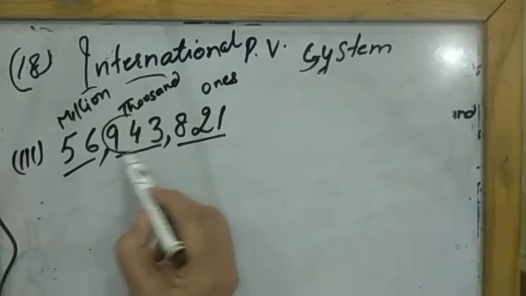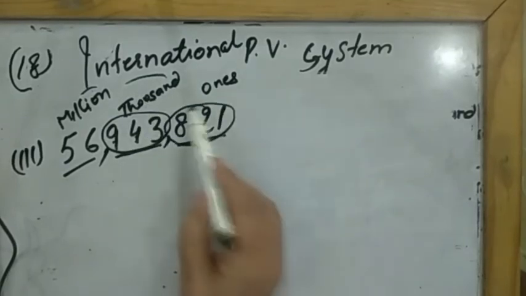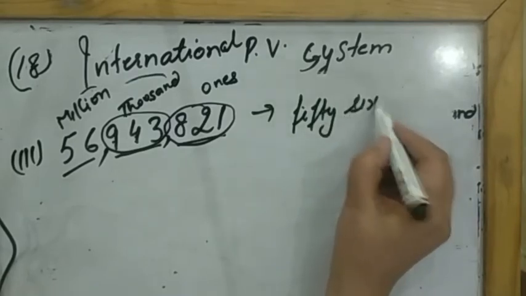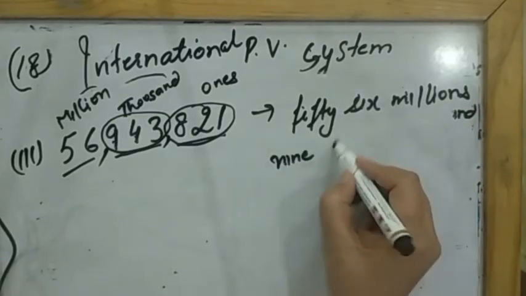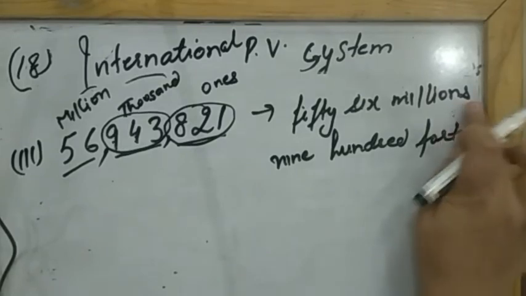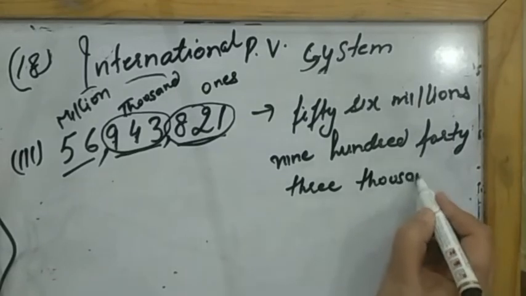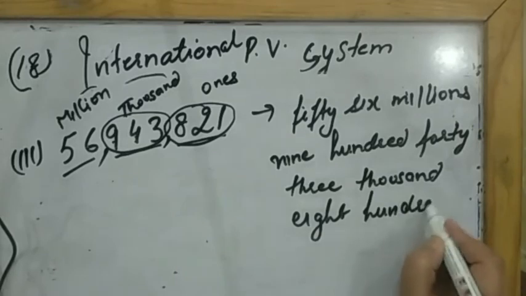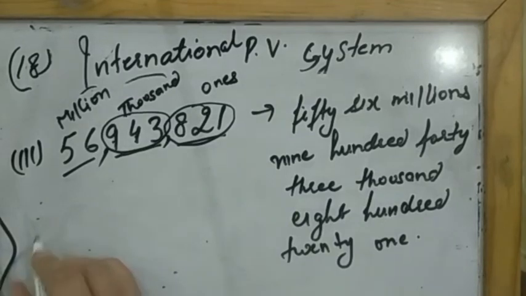Read these 3 digits together, 943,821. So I can write 56 millions 943,821.